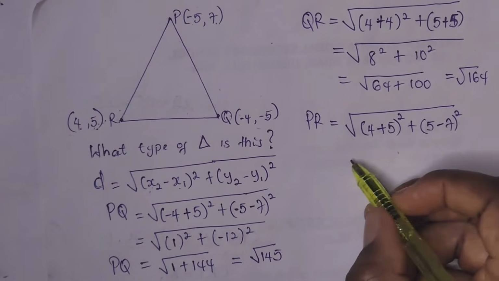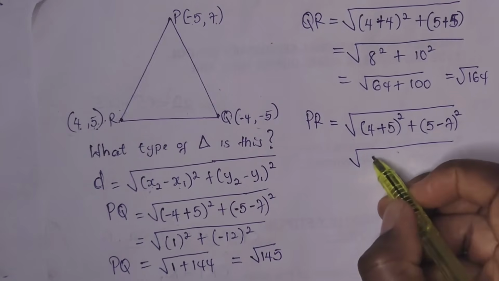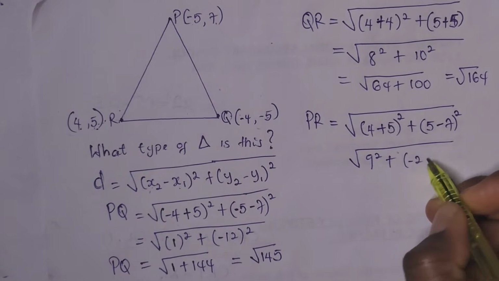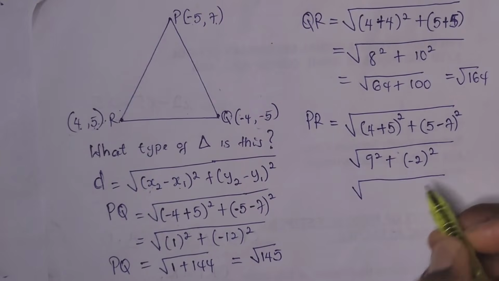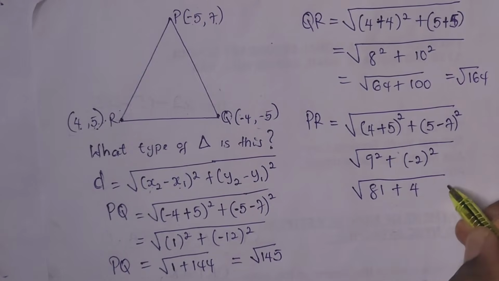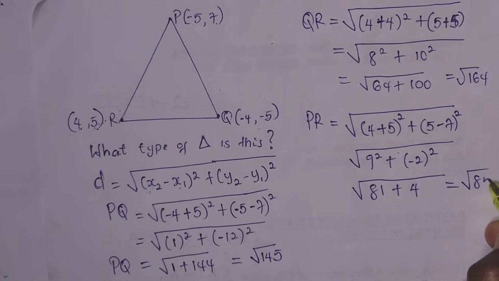So simplifying from here, we have 4 plus 5 is 9 squared, 5 minus 7 is -2 squared. So 9 to the power of 2 is 81, 2 to the power of 2 is 4. So this is equal to root 85.